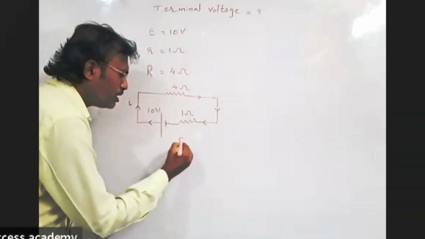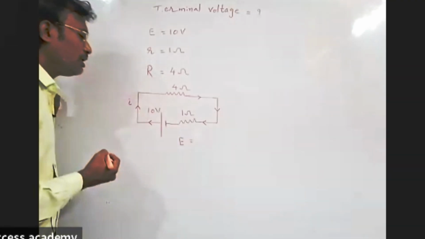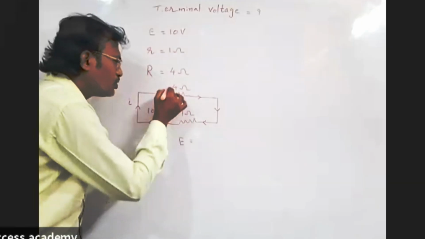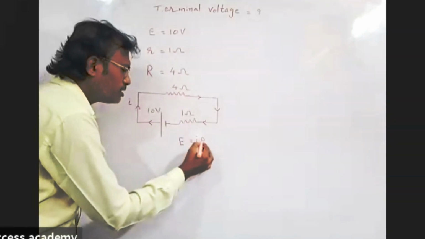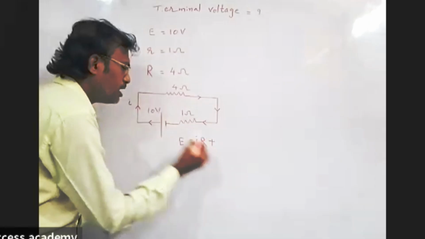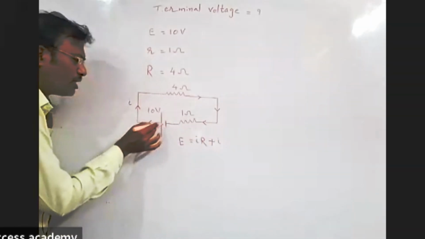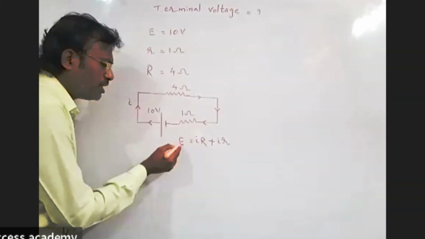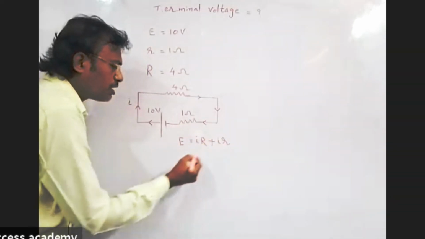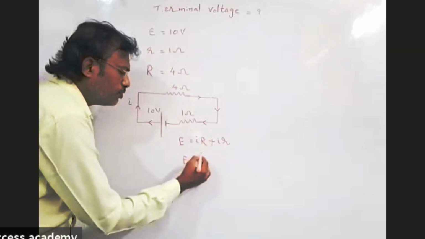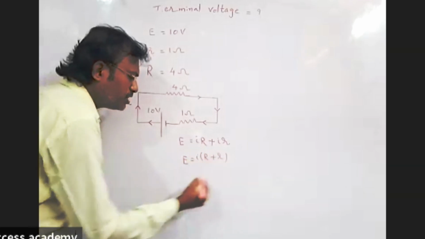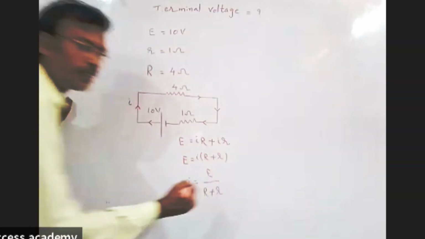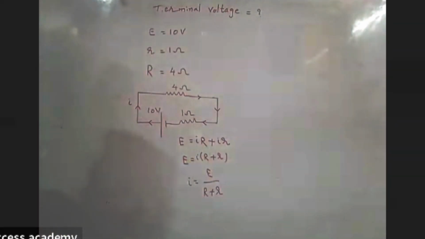Here you have one formula: EMF E is equal to I into capital R, the external resistance, plus I into small r, the internal resistance of the cell. So E is equal to I into (R plus r). Then I is equal to E by (R plus r).